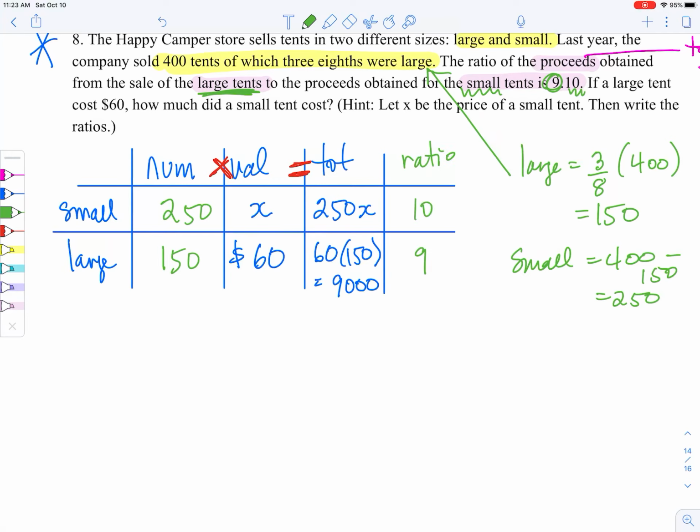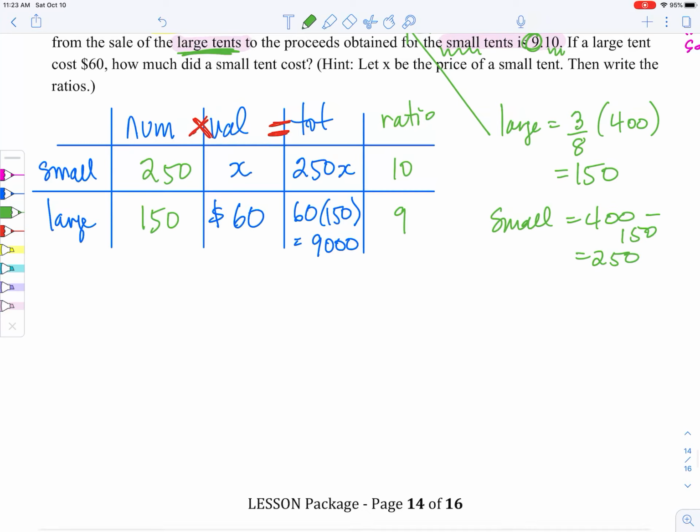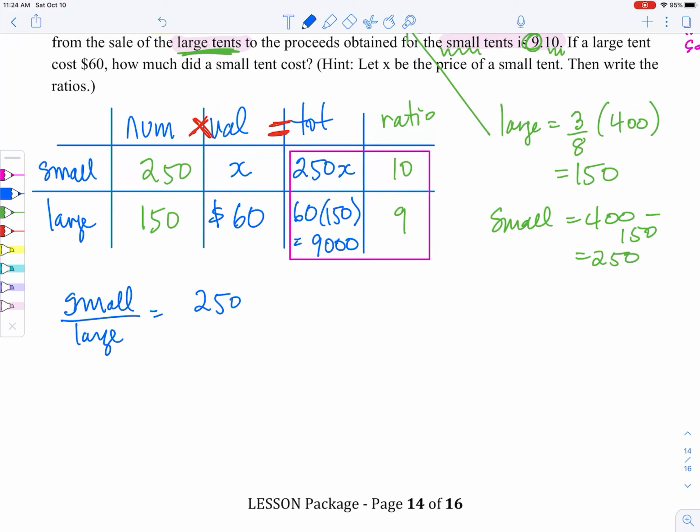So we've got the ratio of small to large is going to be 10 to 9 in terms of their totals. And we're going to build our equation from this. So I'm going to write down that small over large equals 250x over 9,000.